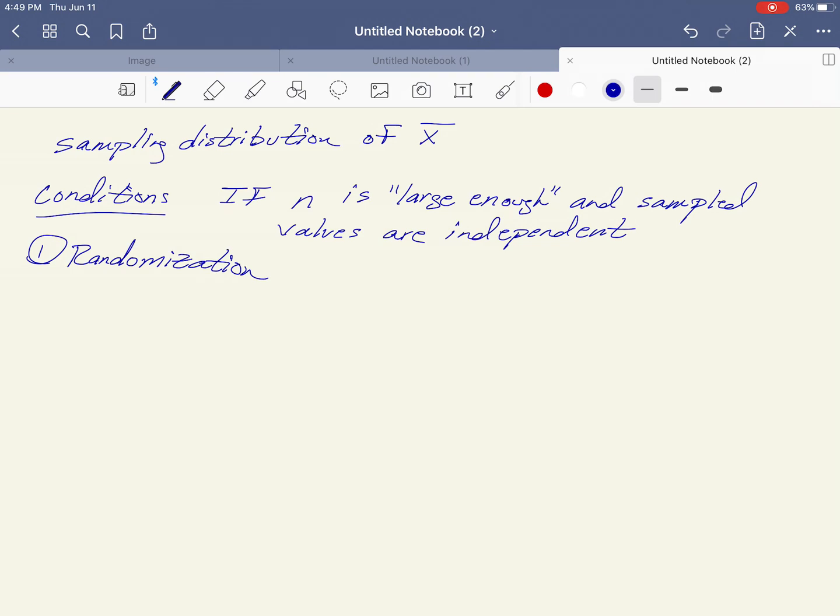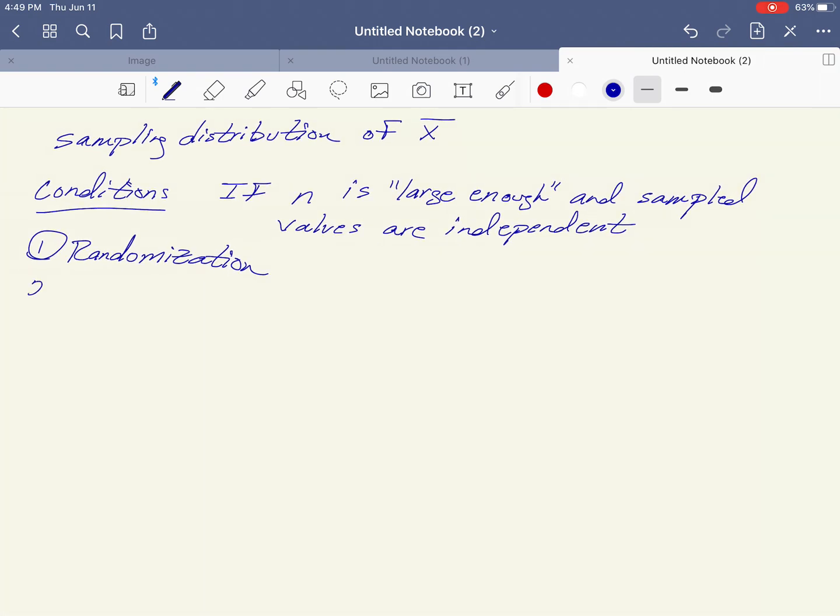And this randomization, again, can come from something that has been sampled with a simple random sampling technique, or simply knowing that the sample is representative. So we check this first. Second condition is the same also as it was last time, where we have this 10% rule. We need to have less than 10% of the population sampled.